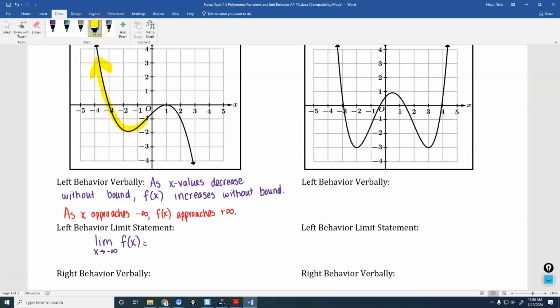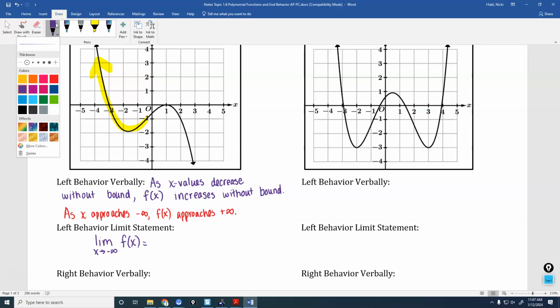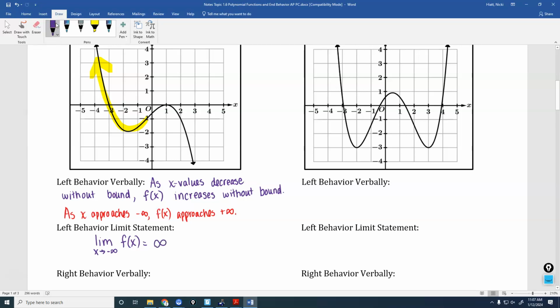So whenever we see that limit as x approaches negative infinity of f of x, that tells me we're looking at the left side. Okay? And again, what is happening to my y values on that left side? Up and up and up. And where are they going? Positive infinity. So we would put positive infinity right here.